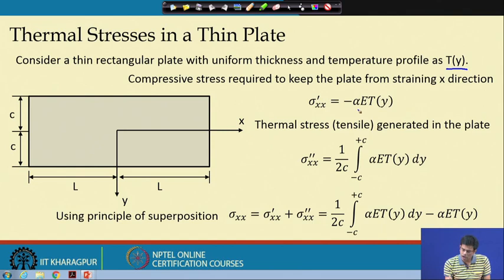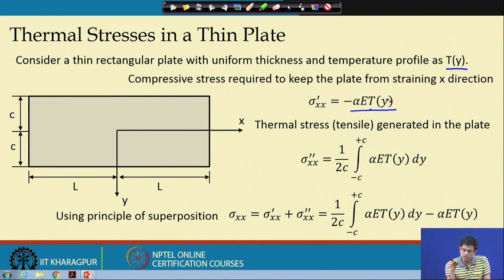So, T(y) is my temperature variation. Now, this stress sigma xx dash is varying along y direction, because this temperature profile is a function of y. Now, similarly, the plate will experience thermal stress.